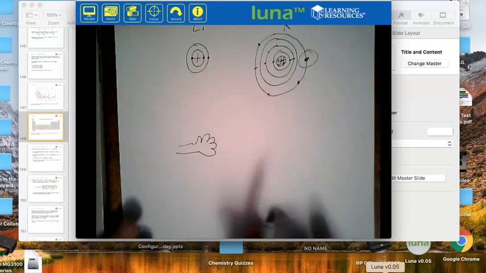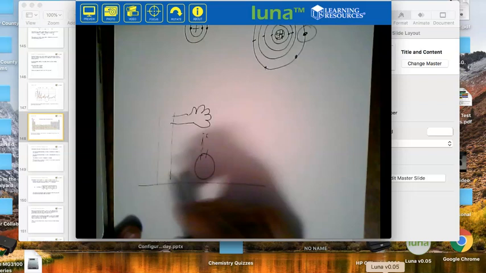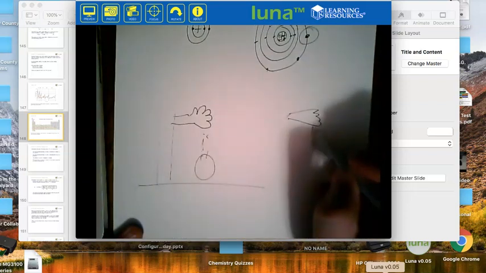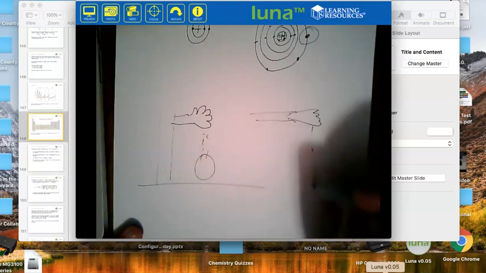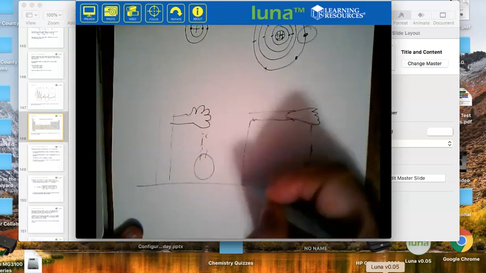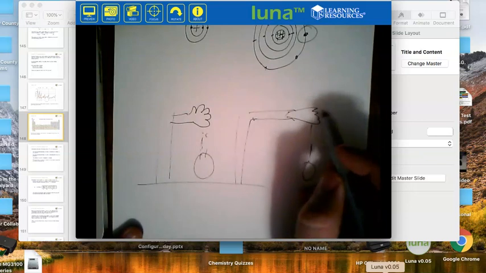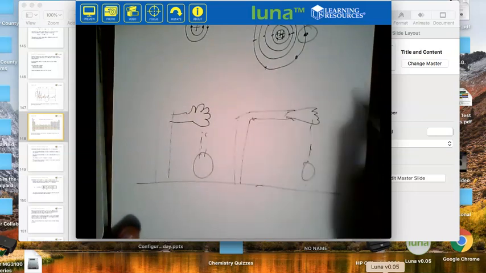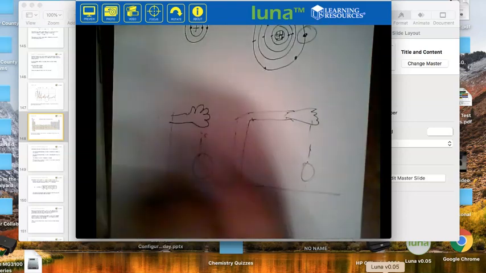Now, I have an analogy that I use with the high school kids. If you play basketball, you can kind of understand this analogy. Say I have a player that's bouncing the ball up close to their body versus a player that's bouncing the ball really far away, with their arm completely stretched out.